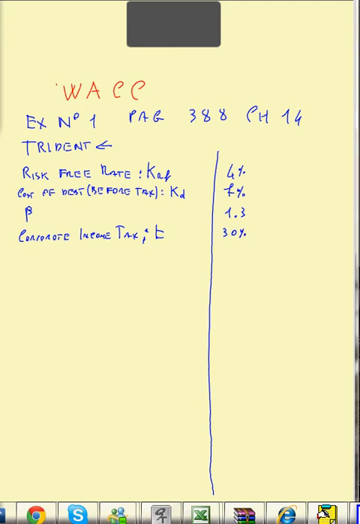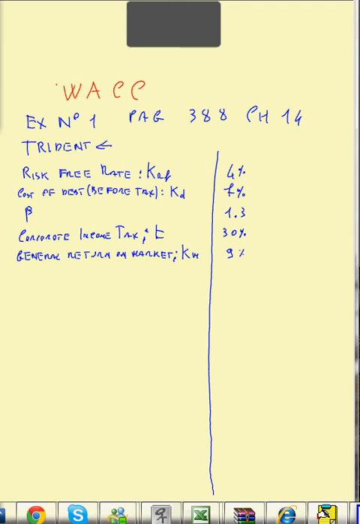Then we have the general return on market portfolio, we denote by KM, and this is equal to 9%.